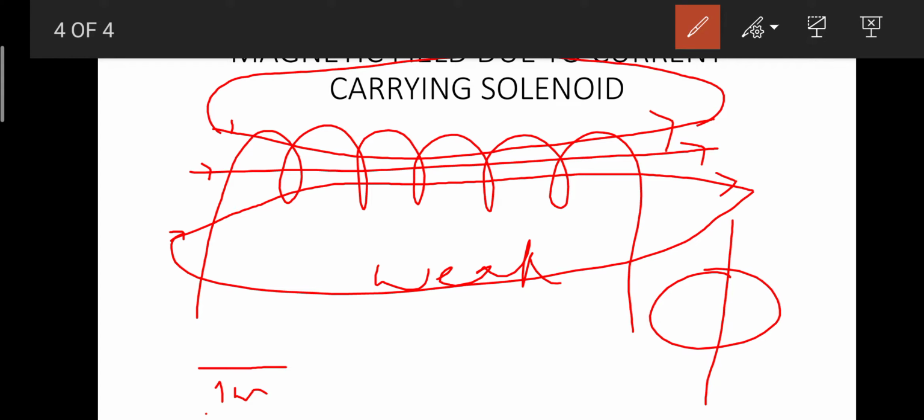In this condition I'm going to draw the number of turns. Like in this condition there are probably 1, 2, 3, 4 or 5 number of turns.